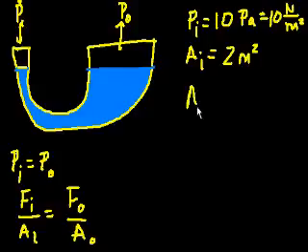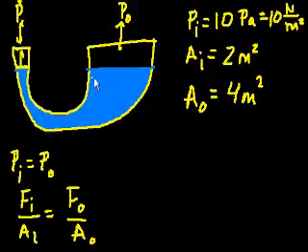And let's say that my output area is equal to, I don't know, 4 meters squared. So what I'm saying is I can push on a piston here, and the water is going to push up with some piston here, right?